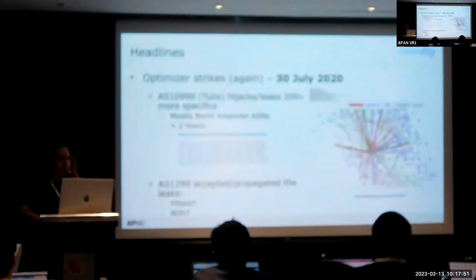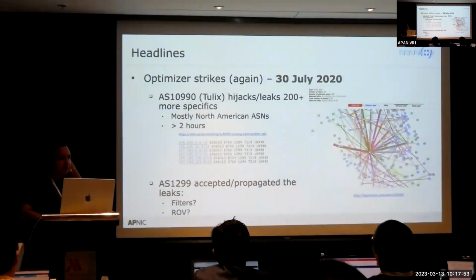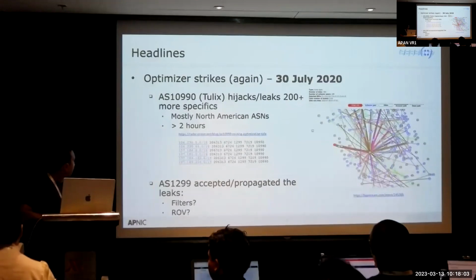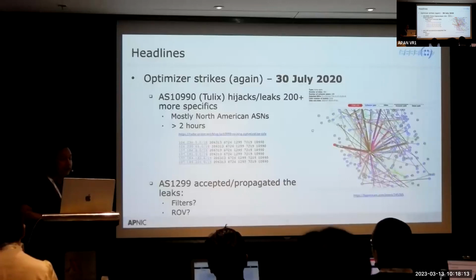And there used to be cases with optimizers, so BGP optimizers. What they would generally do is take a less specific prefix and break it down into more specific prefixes and completely fabricate the path, right? So there was a Tulip system that hijacked more than 200 specific prefixes, mostly North American AS numbers, and the hijack lasted for more than 2 hours, right?